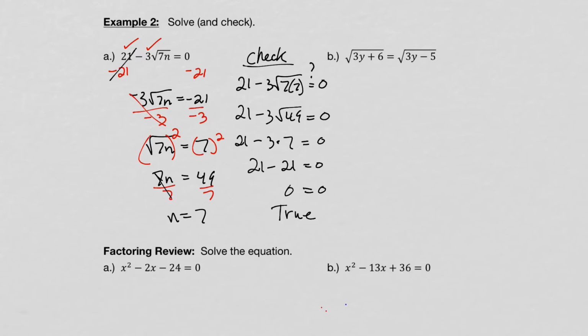Okay, and if it's true, that means this answer is true. So let's go ahead, you can try this one on your own. I do like to review this one in class.